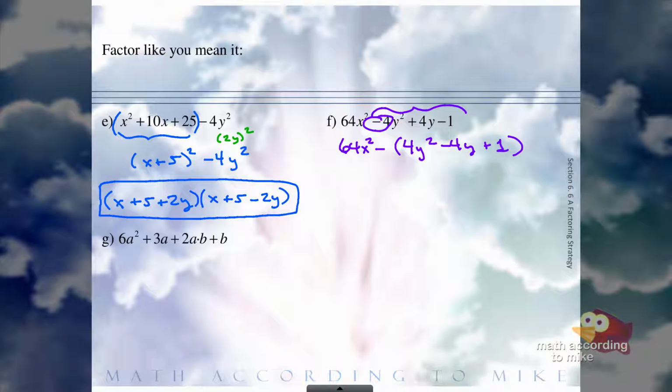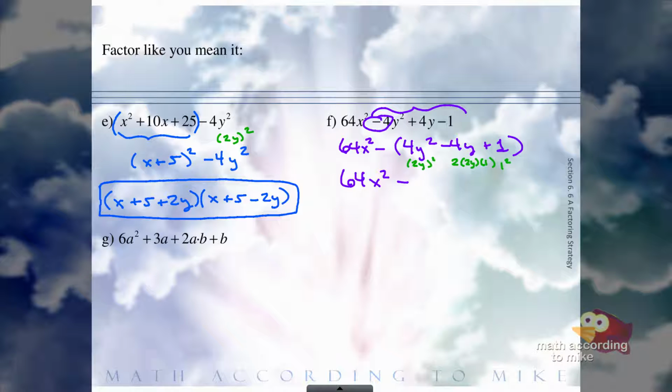Okay, the 64x squared copies down, minus (4y squared minus 4y plus 1), which is a perfect square. 4y squared is 2y being squared. 1 squared makes 1. And notice the middle has the format 2 times the first times the last.